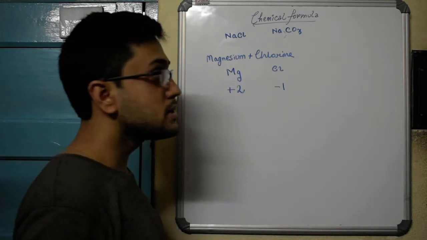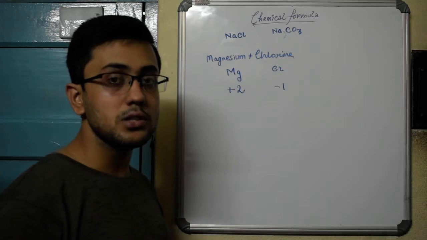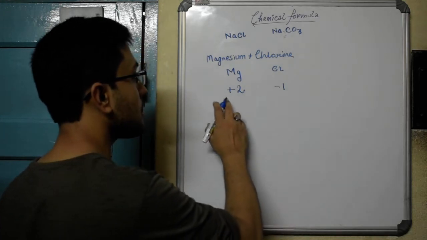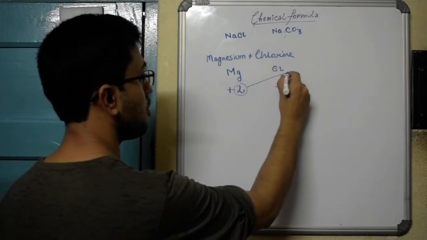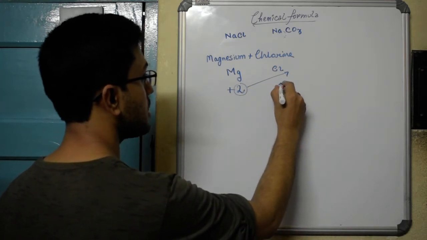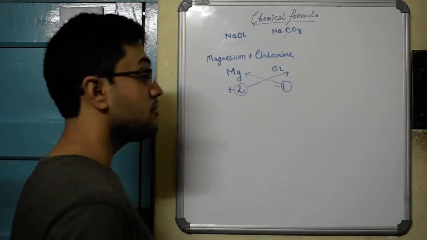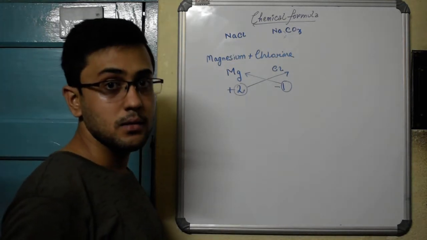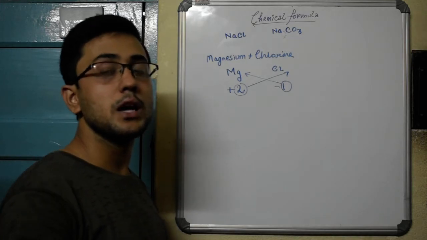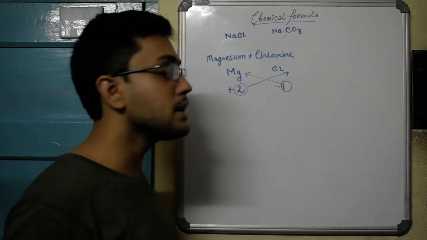Next, we will interchange these charges without taking the sign into consideration. So we will make this 2 go here and this 1 go here. If you are taking valency, there is no question of sign, because valencies cannot be positive or negative; it is simply the combining capacity.